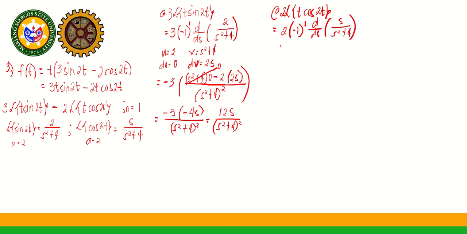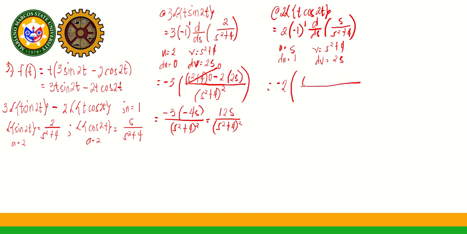Okay. So, let u be equal to s, du be equal to 1, and v is equal to s squared plus 4, dv is equal to 2s. So, this will be equal to 2 times negative 1, that is negative 2, kasi negative 1 raised to 1 is negative 1. So, this will be negative 2 times, okay, apply na natin yung quotient rule.